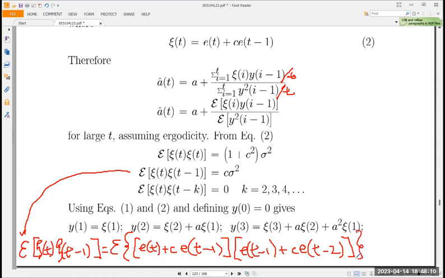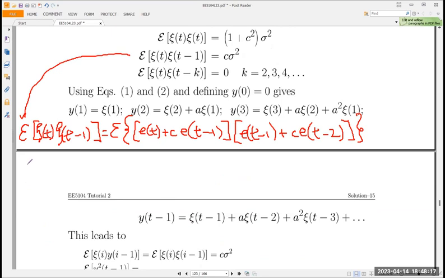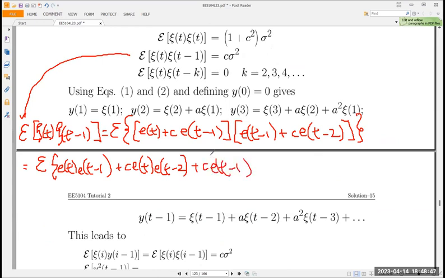So if you multiply things out, you will get the expectation of: this times this is e_t e_t minus 1, this times this is plus C e_t e_t minus 2, plus this times this is C e_t minus 1 square, then plus this is C square e_t minus 1 e_t minus 2.